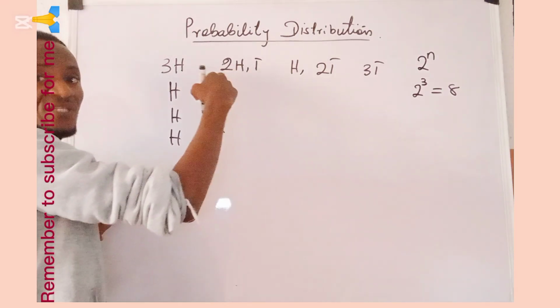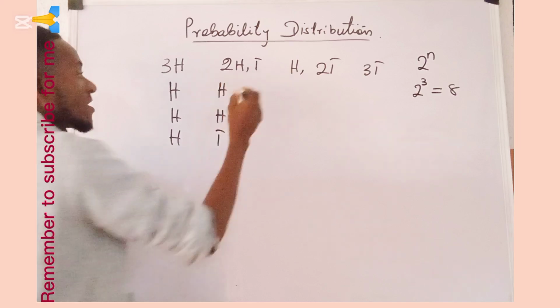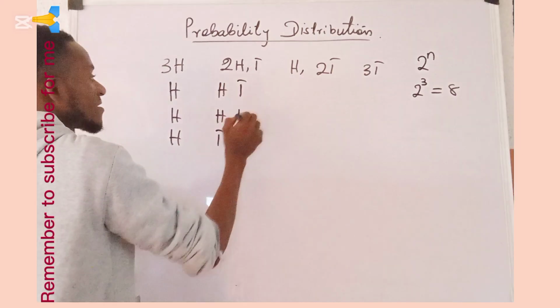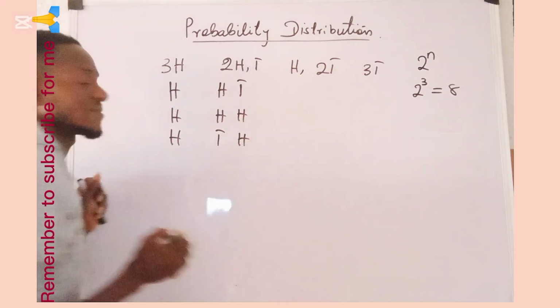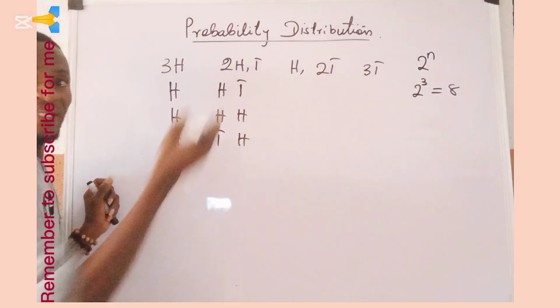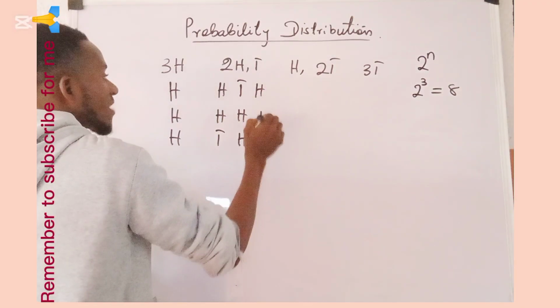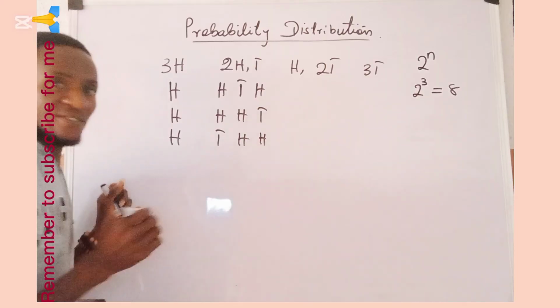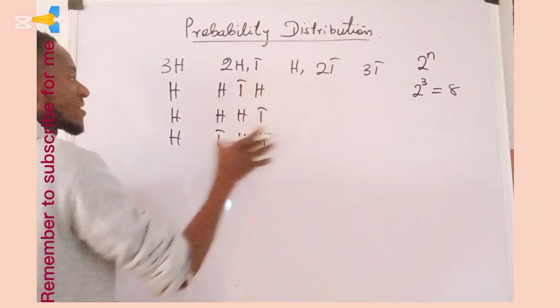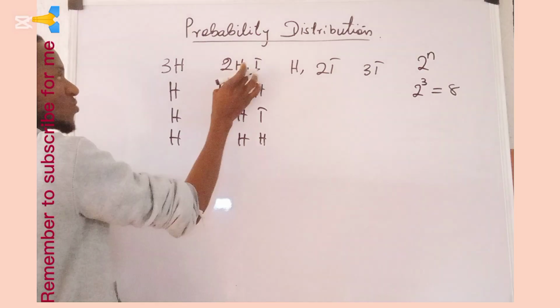Tail equally can start the outcomes, and then you have tail, head, and head. It is also possible that the tail happens to be at the center, and here you have head, tail, and head.